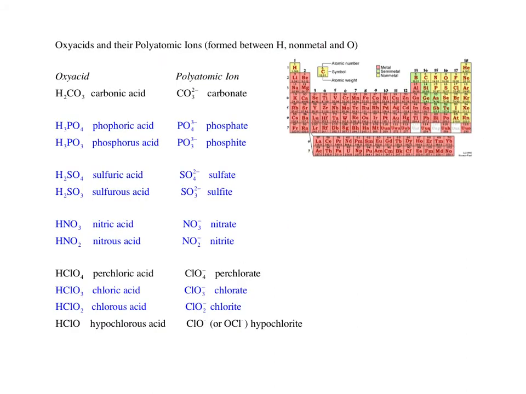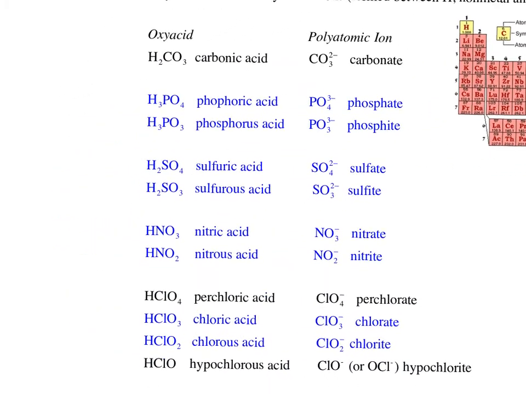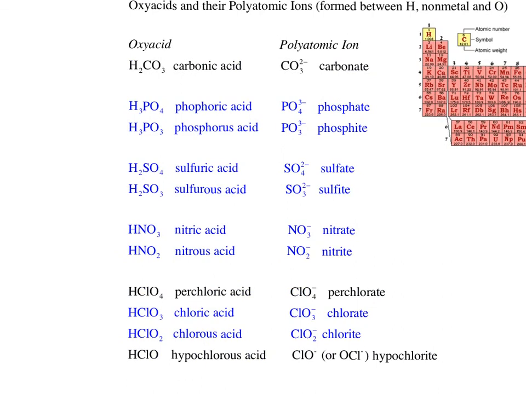All right, next are the oxyacids, and they are a study in themselves, but listed here are the polyatomic ions that are formed when they go into water. Okay, so let's just take it one step at a time here. Let's look at the first column. Oxyacid, what does that mean? It means you've got a hydrogen.